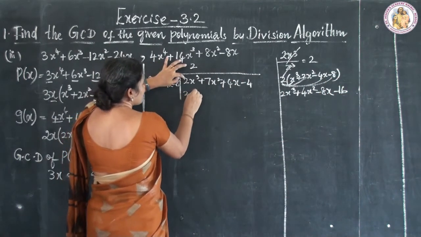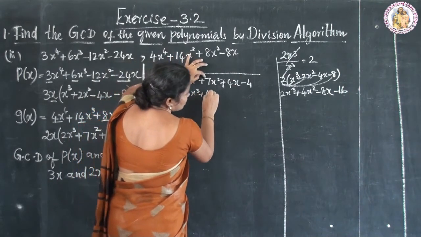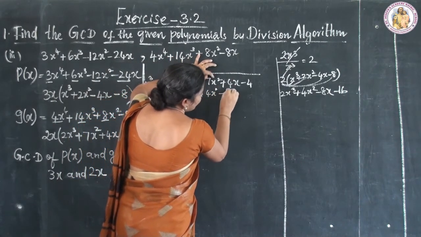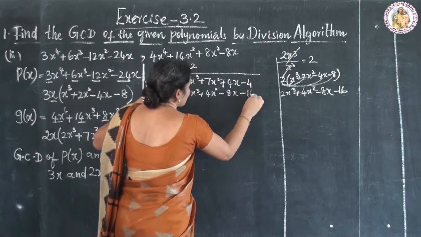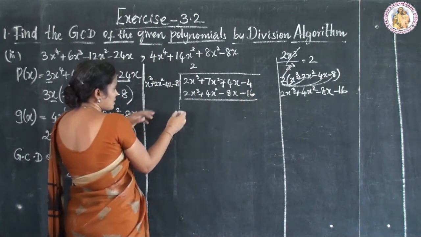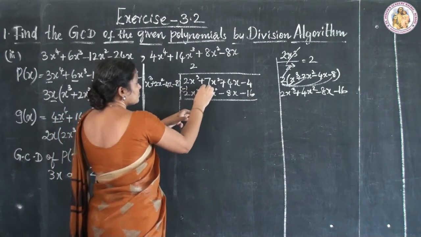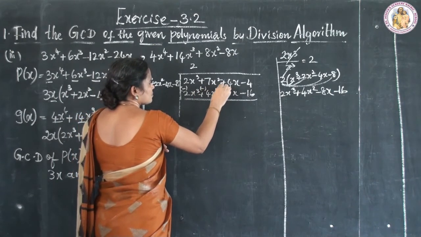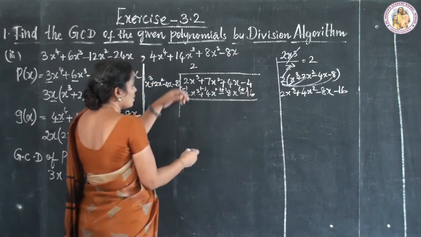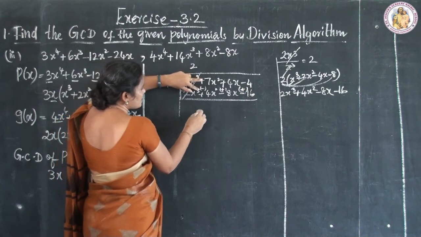So write 2x cube plus 4x square minus 8x minus 16. Change the sign. Okay, now cancel. Different sign.